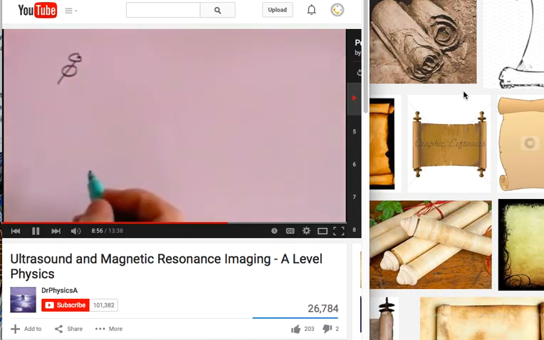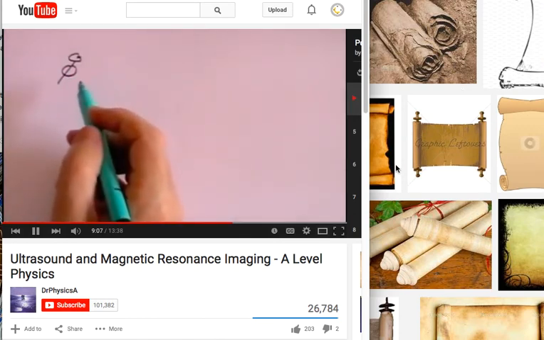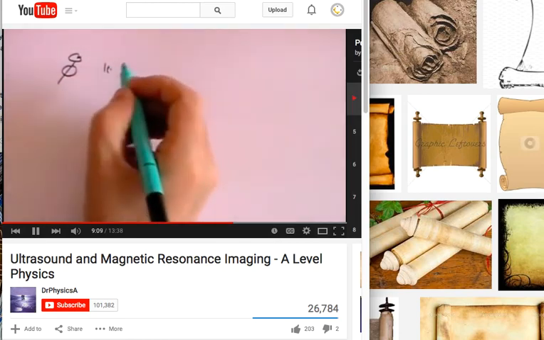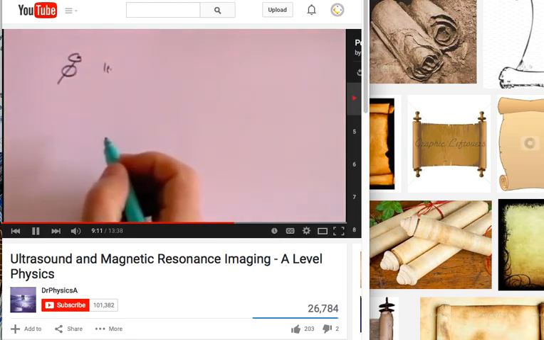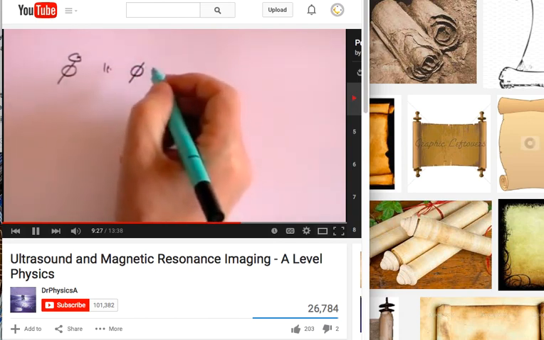And if there are odd numbers of protons in a nucleus, then that spin will cause the atom to behave like a tiny magnet. Hydrogen has only one proton, and therefore hydrogen, which of course is a major constituent of your body, since most of your body is made up of water, and water is H2O, and H is the hydrogen bit, that means that the hydrogen elements of the water molecules act like little magnets.